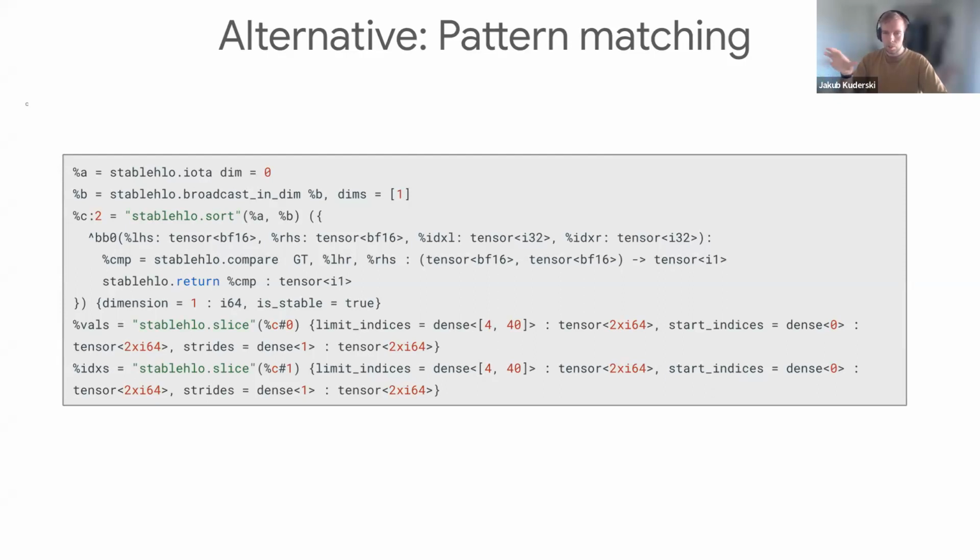One slice for the TopK values and the other slice for the TopK indices. So you can see that this is quite verbose. It's a lot of instructions. And not only that, this is not the only way to implement it.